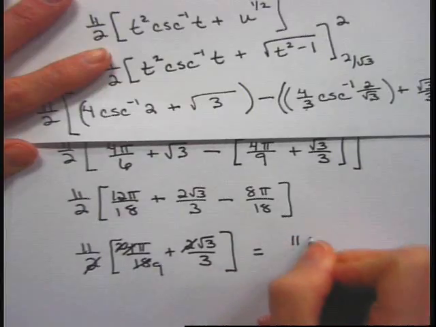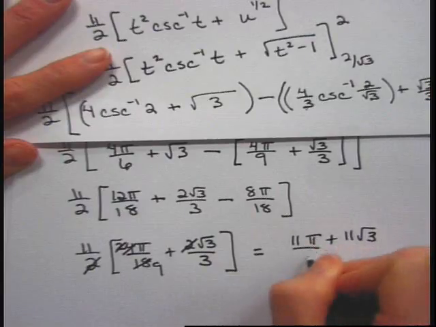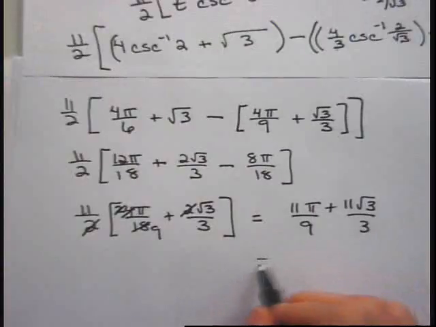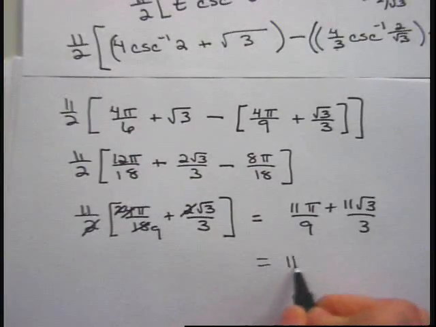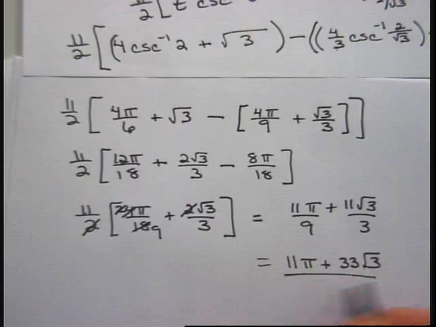So 11 pi plus 11 square roots of 3, this over 9, this over 3. I don't know how simplified they want this. So you could write this as 11 pi plus 33 square root of 3 over 9.